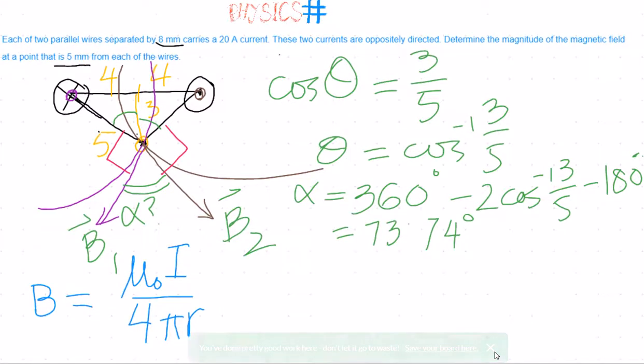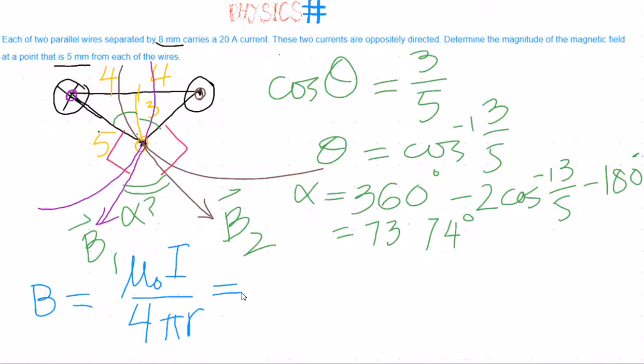This mu naught is the free space permeability, which is a constant, 4 pi times 10 to the negative 7. I is the current. In this case, both wires are carrying 20 amps of current, so we just plug that in. And r is the distance between the current carrying wire and the point where we're computing the magnetic field.